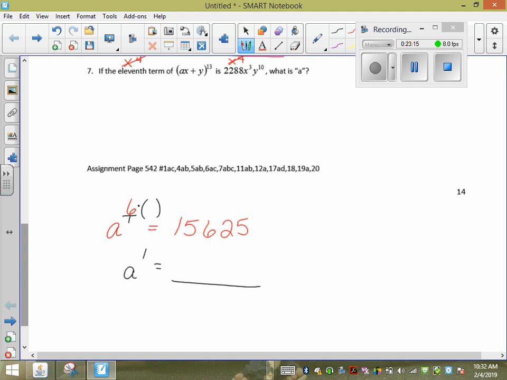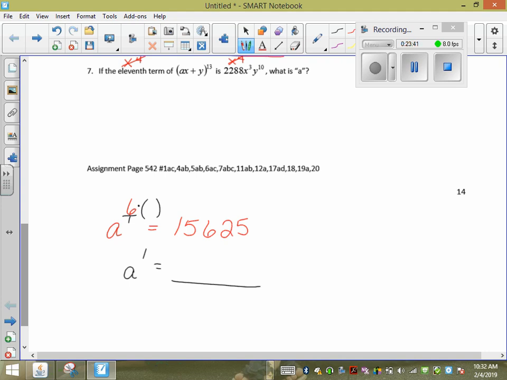So I have 6 over 1. What could I multiply it by as a fraction that would completely cancel off and be a 1? What fraction turns to a 1? 7 over 7, 8 over 8, 10 over 10, 12 over 12, 6 over 6 turns to a 1, correct? So I need to multiply this 6 over 1 by something that I can get 6 over 6 and it turns to a 1. What can I multiply it by?